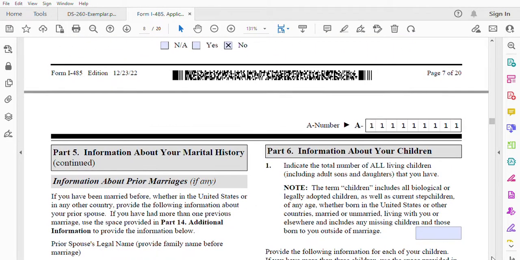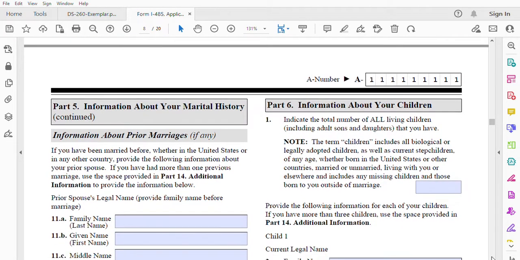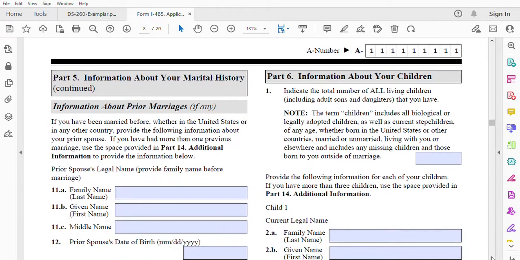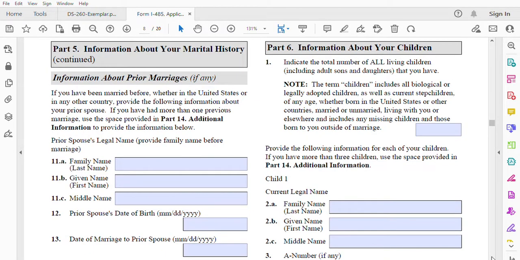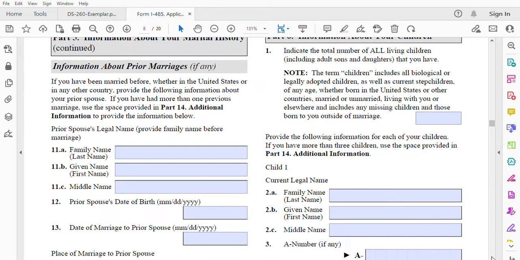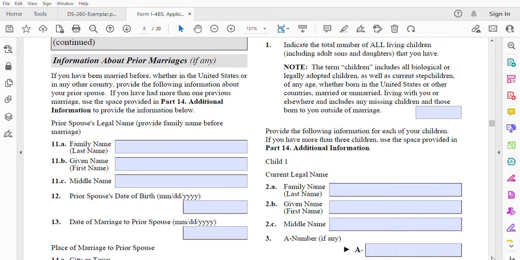We're still talking about Part 5, which is information about your marital history. If you have been married before, whether in the United States or in any other country, provide the following information about your prior spouse. This is the first time getting married, so all of this is going to be blank or N/A.